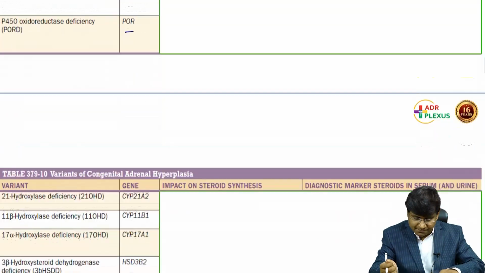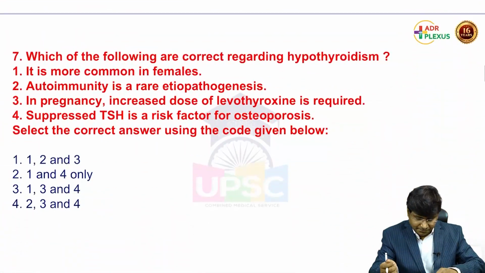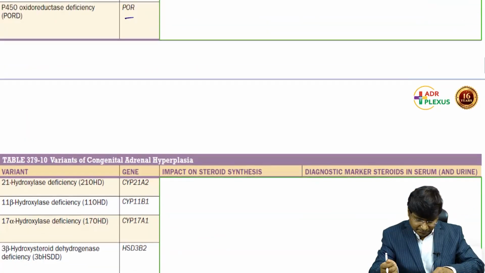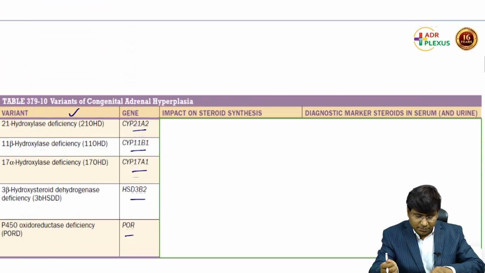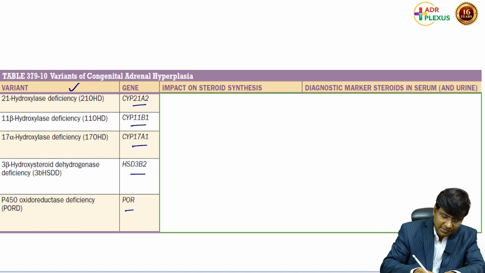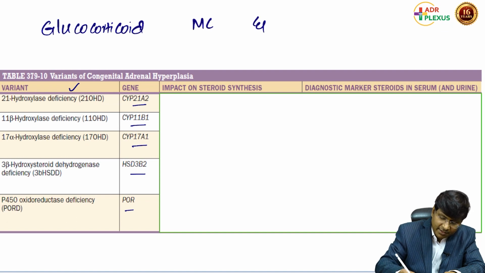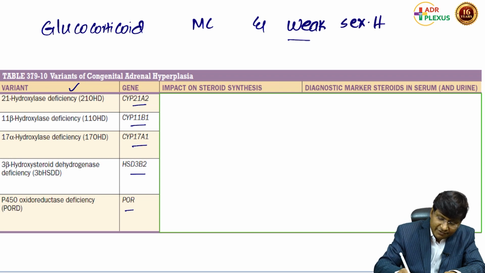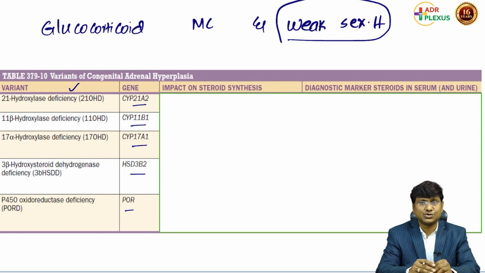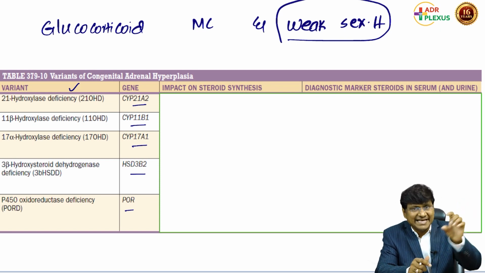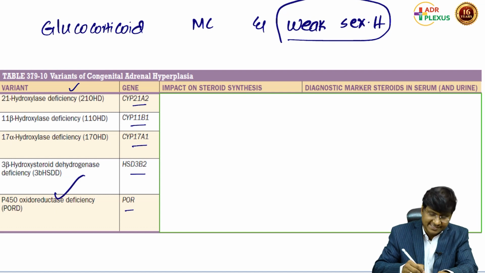What you have to remember is that the glucocorticoids, mineralocorticoids and weak sex hormones are all made from the raw material that is cholesterol, and you require a series of enzymes for this.